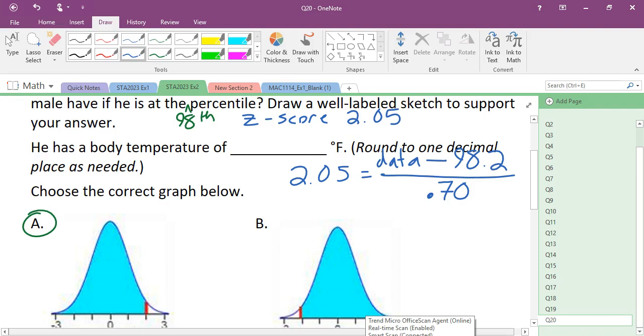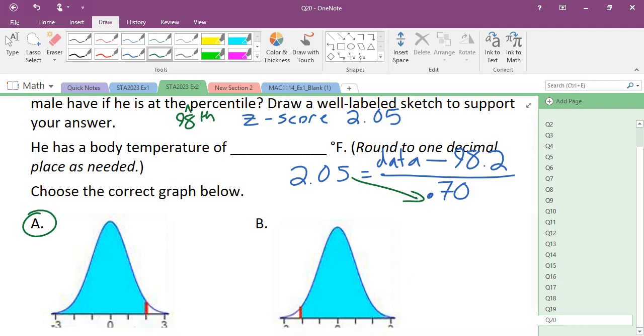All we do is cross multiply. We take 2.05 and multiply it by 0.70, and then add 98.2 to that answer. What is 2.05 times 0.7? Because this number is over 1, we're just solving the proportion.